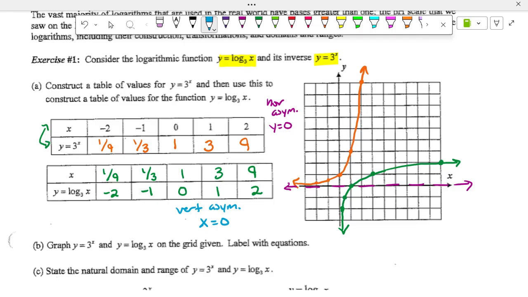So this y becomes the x for its inverse. So my vertical asymptote, instead of being the x-axis, is the y-axis. It will get incredibly close to the y-axis, but it'll never actually cross it. So you'll never have an x value that equals 0.